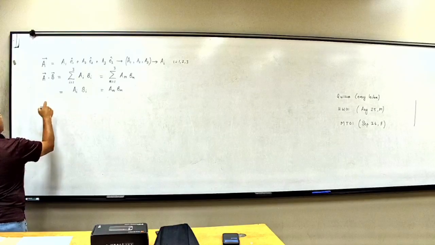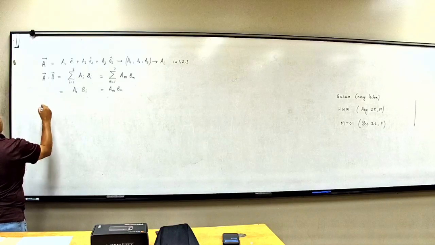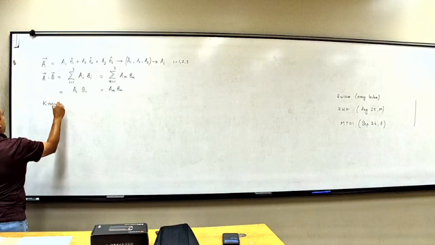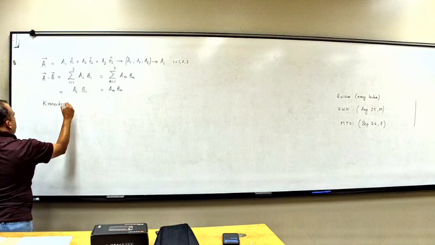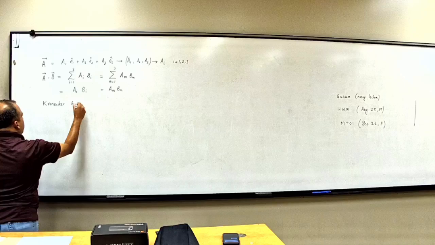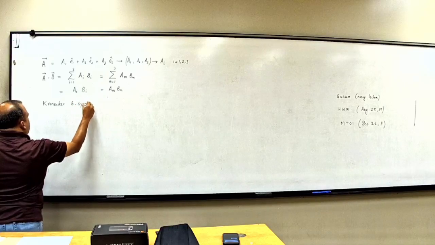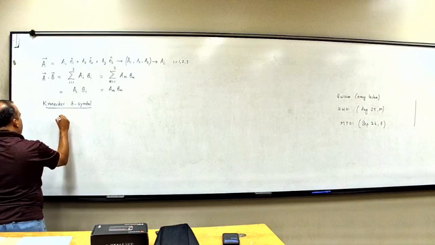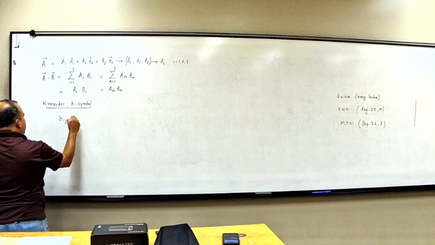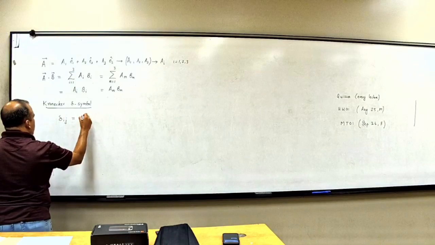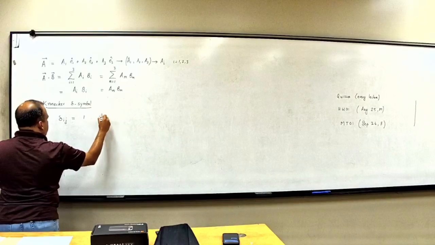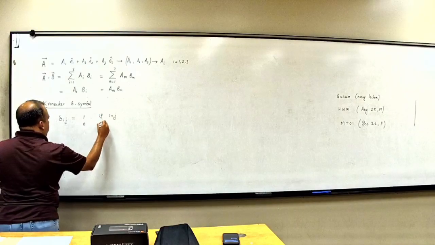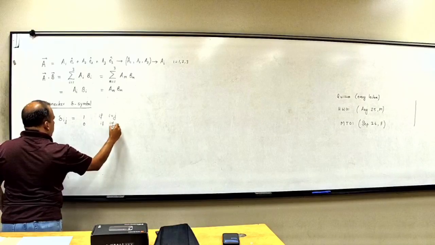A Kronecker delta symbol, so that's index notation. Kronecker delta symbol. So it's a delta symbol. Delta ij is equal to 1 if i is equal to j and is equal to 0 if i is not equal to j.